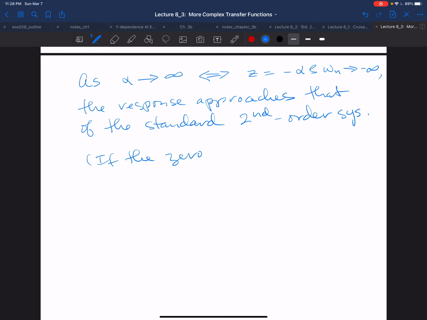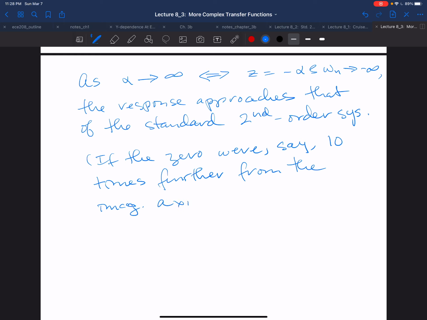You might typically do that if the 0 were, say, 10 times further from the imaginary axis than the poles. Its effect on the response could be ignored. I should be a bit careful about that. On the transient response, I would say.